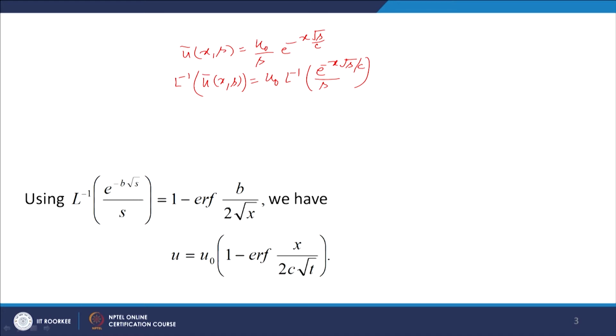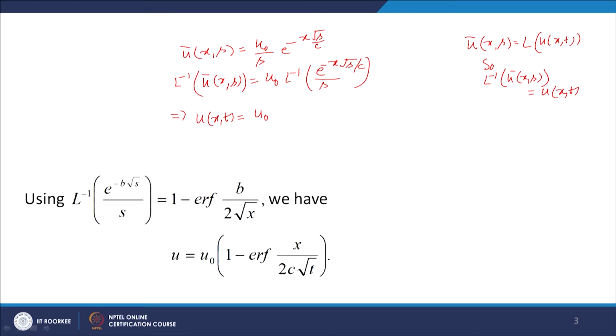This result we had seen, we had proved using the inversion formula for the Laplace transform, and so this we can use. Now let us note that u bar x s is equal to the Laplace transform of u x t. So, L inverse of u bar x s will be equal to u x t, and therefore this will give you u x t equal to u naught. Okay. Now, let us compare here. We have root s into minus b replaced by x over c.